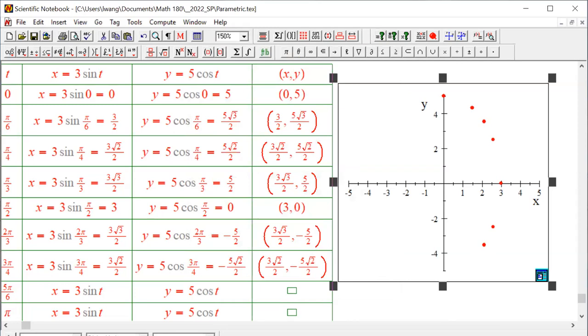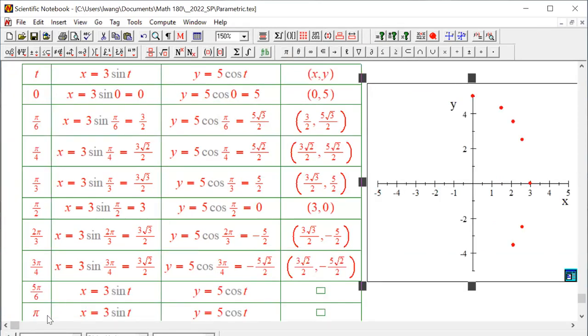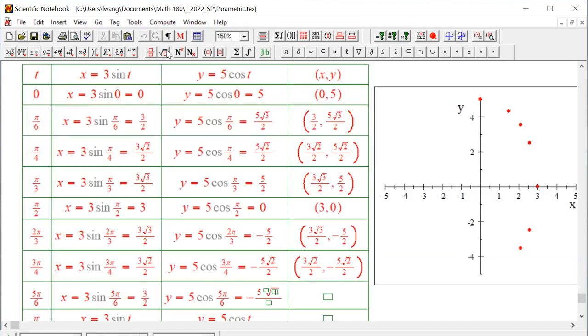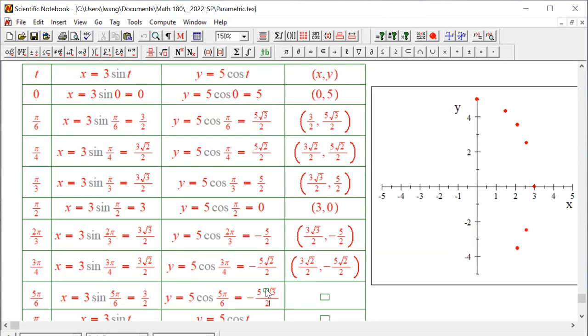Let's keep going. We have 2 more points by the time we get to pi, right? So 5 pi over 6. It takes just patience. Sine 5 pi over 6 is half, so this is going to be 3/2. And cosine 5 pi over 6 is negative, right? 5 times root 3 over 2.